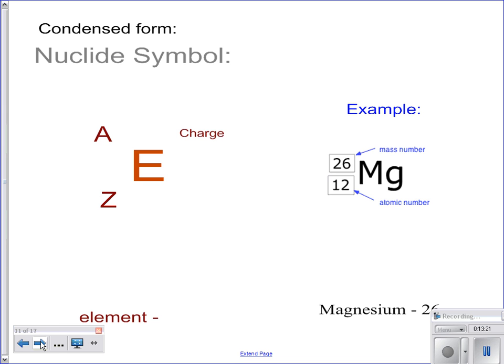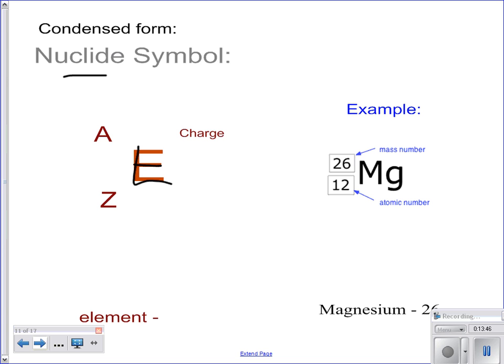Okay, so now what we can do is look at creating some nuclide symbols based on this information, based on your mass numbers and your atomic numbers, and even the charges, because we know that there's a difference in charge. You've got protons and you've got electrons, positives, negatives. So we can figure out some information about this. A nuclide symbol is just a way of representing that information.